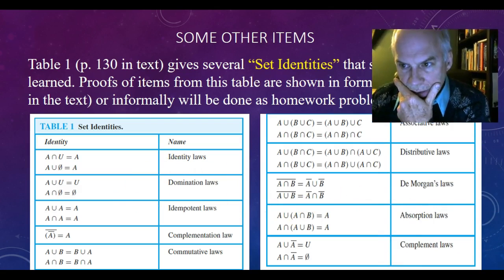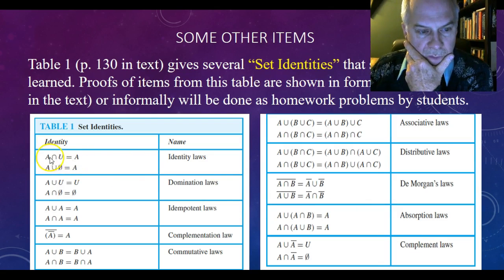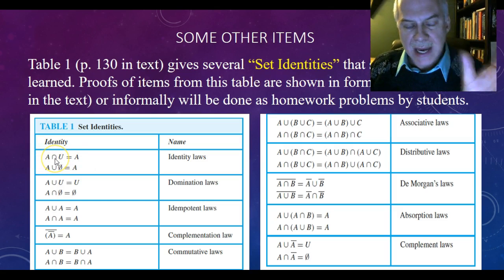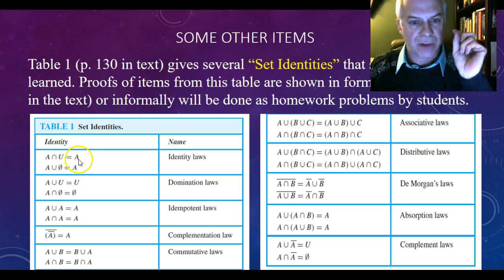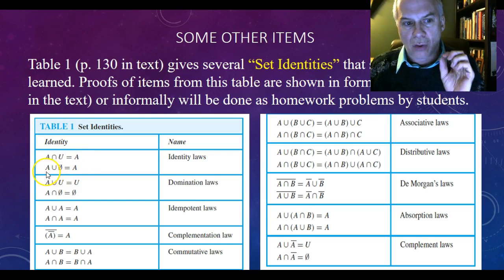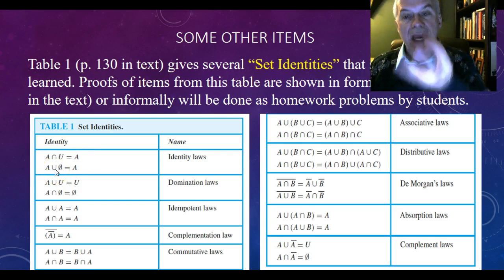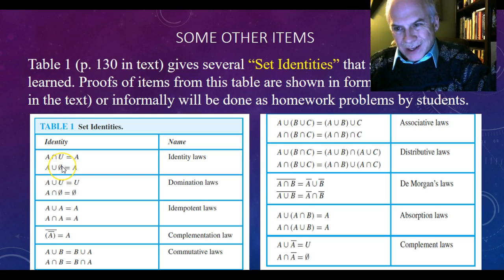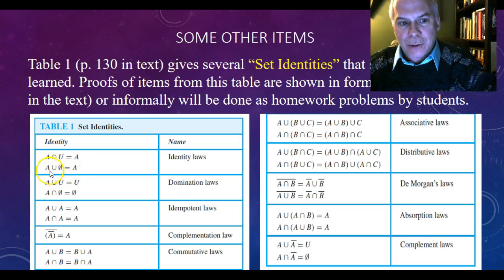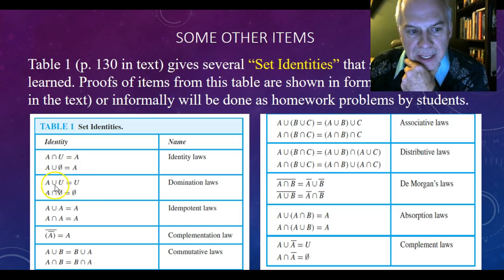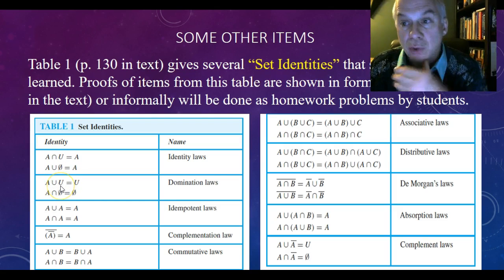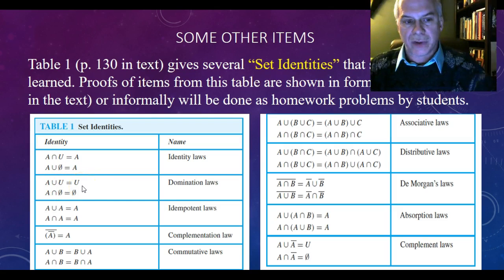So you can see that some of them should seem kind of obvious. If you take A and you intersect it with the whole universe, that's no different than just set A. Or if you take A and unite it with the empty set, well, the empty set has nothing in it, so you haven't added anything to A, so it's still A. This next one, A union with the universe, well, that would be the whole universe.